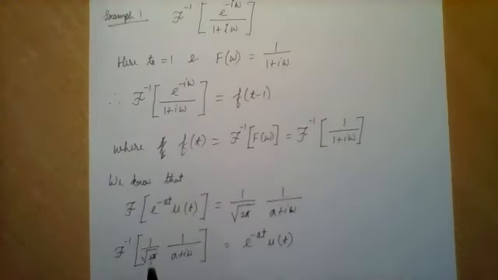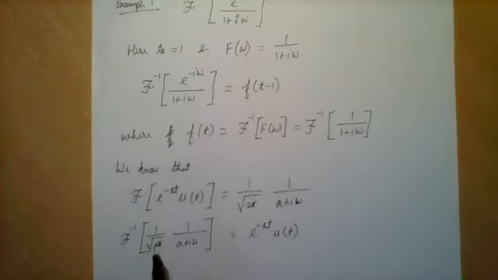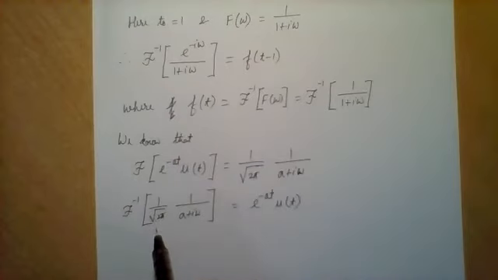Now, 1 by root 2 pi is a constant, and from the linearity property we can take it outside. I forgot to mention that the inverse Fourier transform also satisfies the same linearity condition which the Fourier transform satisfies. So this is a constant, it can be taken outside.